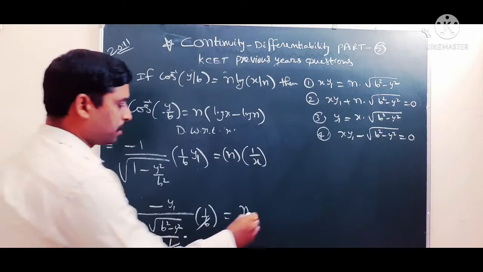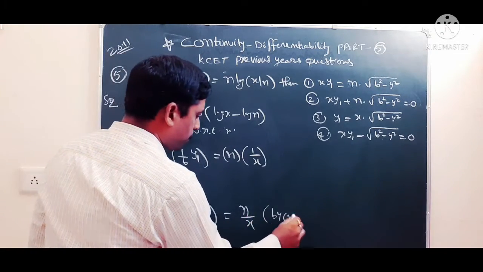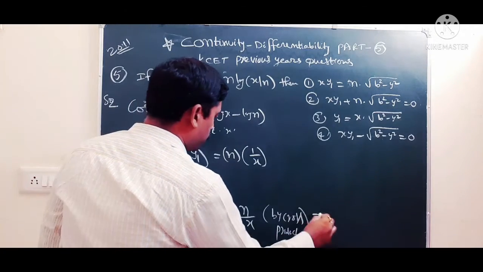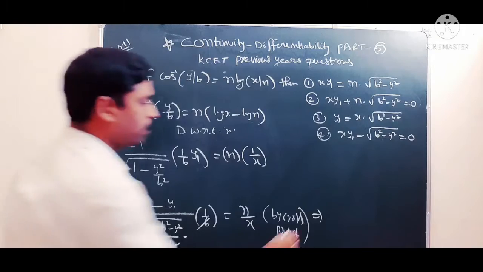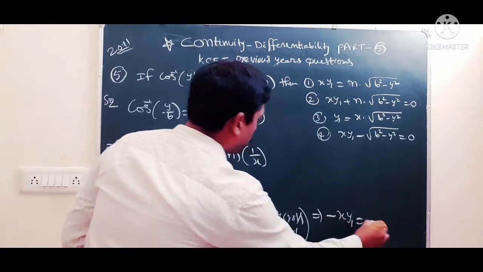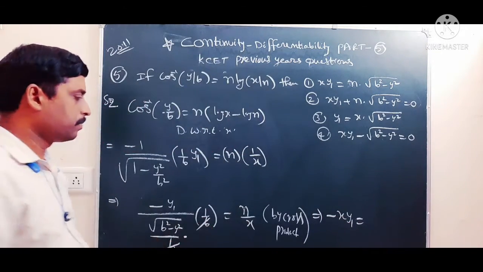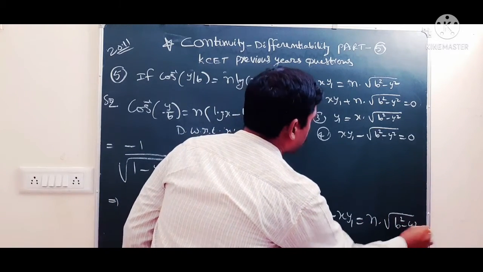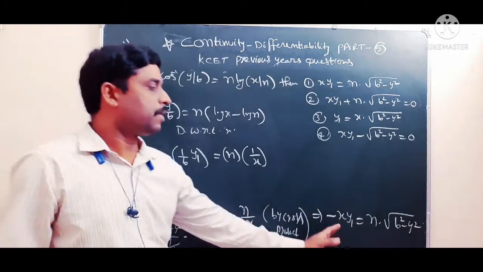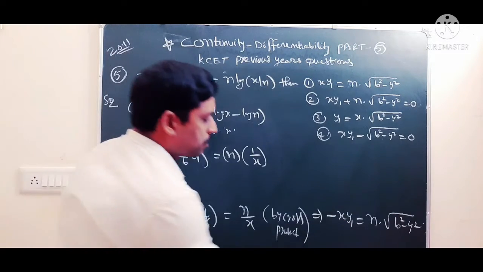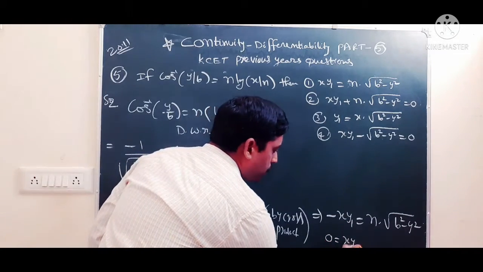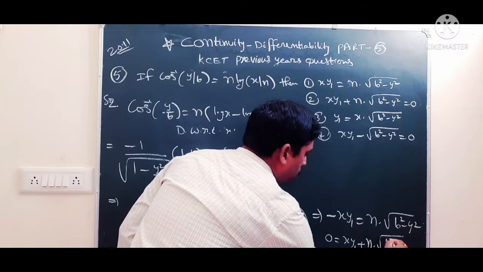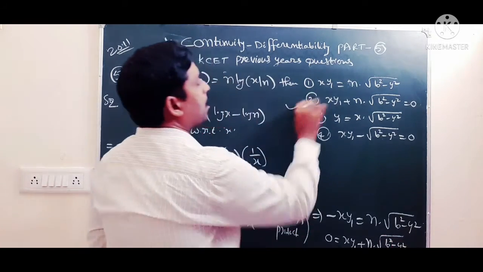Okay, by cross product, now this will be minus xy1 is equal to n times root b square minus y square. This minus xy1, bring to the right side. 0 is equal to xy1 plus n into root over b square minus y square. So option 2 is correct.